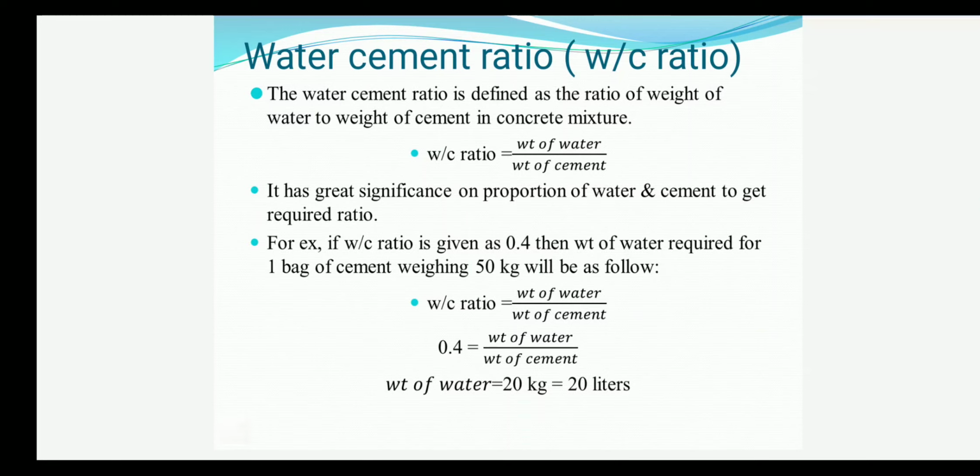Water cement ratio is nothing but weight of water by weight of cement. Now the value is given as 0.4. So weight of water comes to 20 kg or 20 liters.